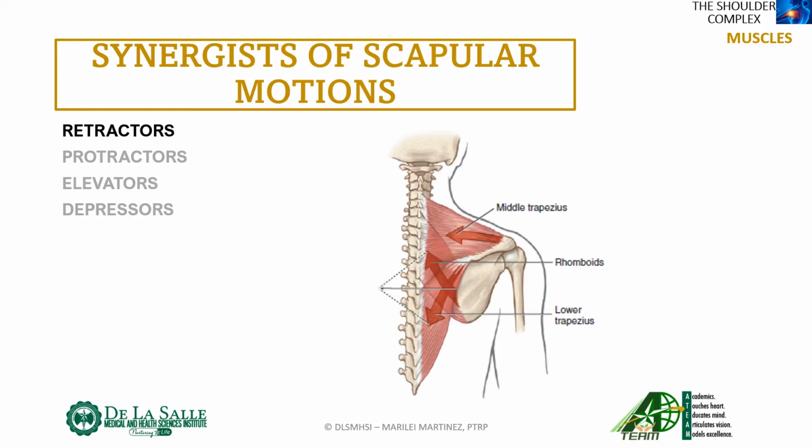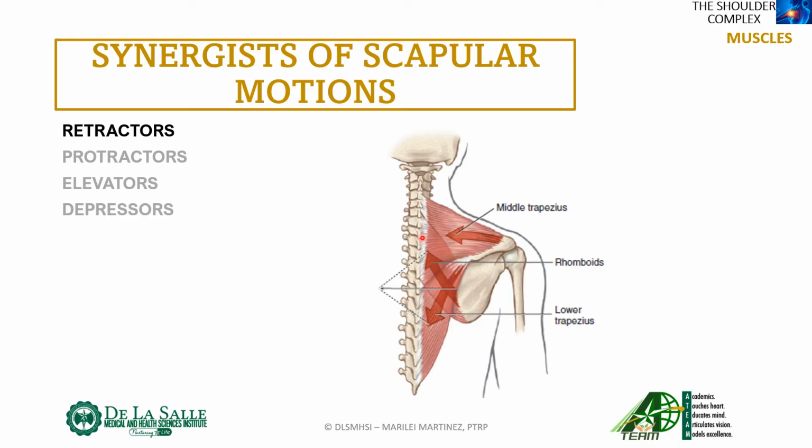Let's discuss the different synergies of the scapular motions. For retraction of the scapula to happen at the scapulothoracic joint, there should be contraction of these three muscles. Your retractors, synergies for retraction: the middle trapezius, the rhomboids, and the lower trapezius. When they contract, they produce force with different directions.